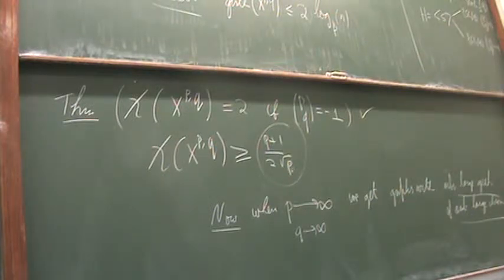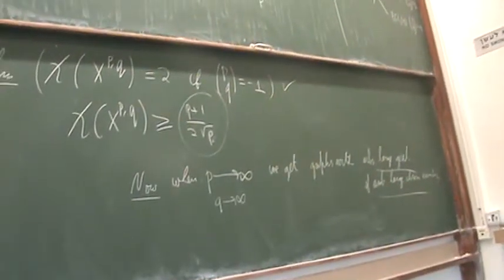And again, this was a famous problem. Erdős asked for graphs with arbitrarily large girth and arbitrarily large chromatic number.